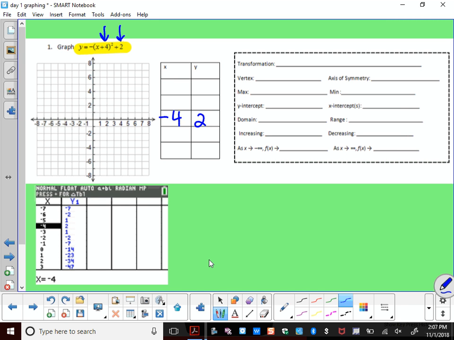Yeah, good. Now go back to your y equals and type it in the same way. Did you forget your parentheses? So if you type this in, I have negative 5, 1, and then negative 6, 2.